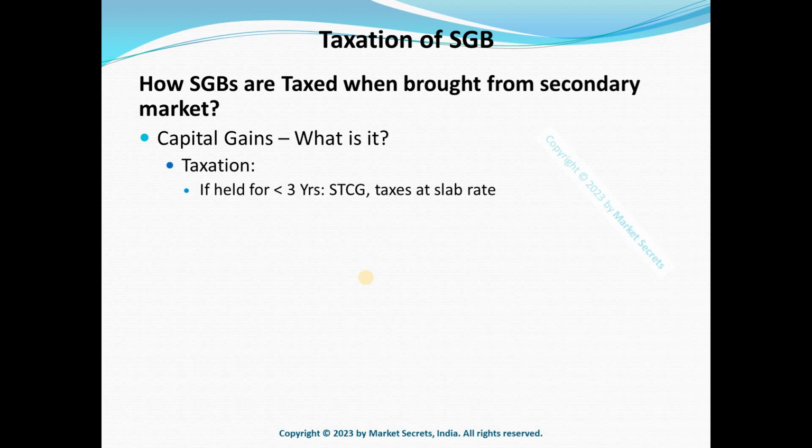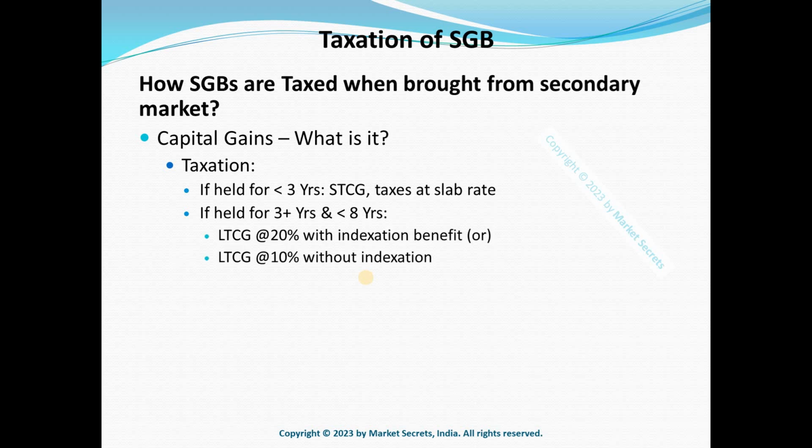If you are buying SGBs from the secondary market, when it comes to taxation of capital gains, if it is less than 3 years, it's STCG. And if you're holding for 3 to 8 years, then again LTCG at 20% with indexation or 10% without indexation. And if you are holding till maturity, then capital gains is tax free. So you need to understand that the taxation is exactly the same as when we buy from the RBI directly.